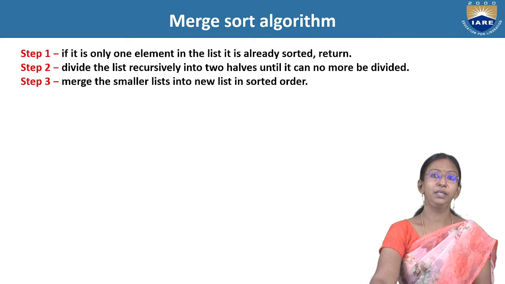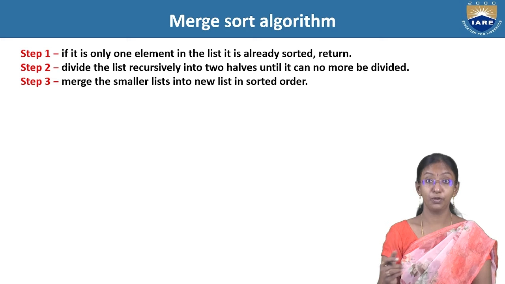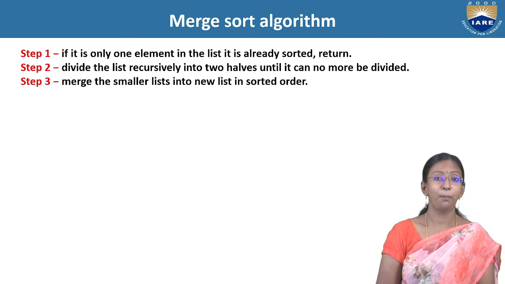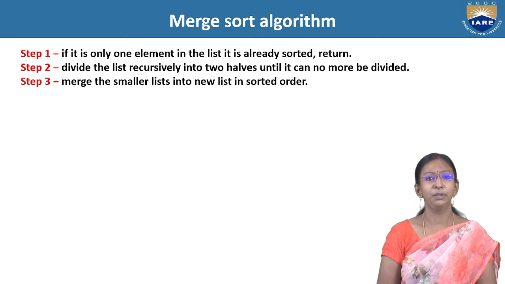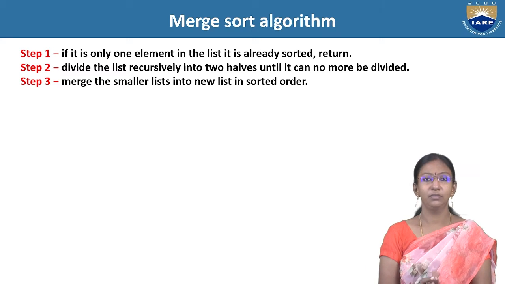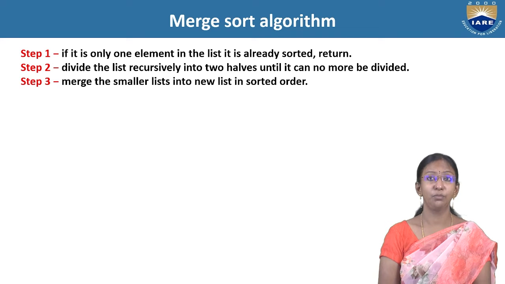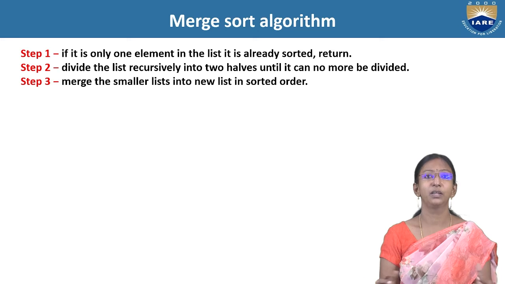So let me explain what the merge sort algorithm says, which I'm going to develop into a Python program. It says if there is only one element, just quit, as there is nothing to sort. But if there are more, then divide them into two halves, right?